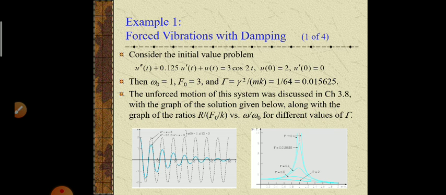How? R upon F0 upon k is the force transmissibility versus omega upon omega 0, the excitation frequency to the natural frequency ratio, right? So after putting all the values we can generate the graph. First is the free vibration.